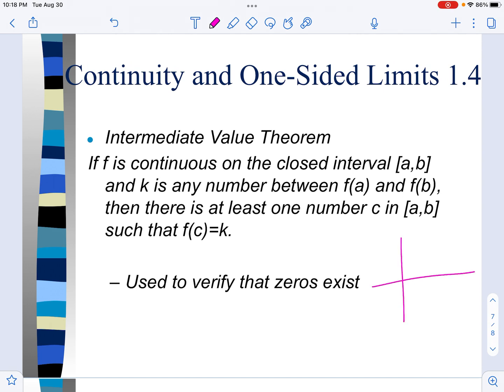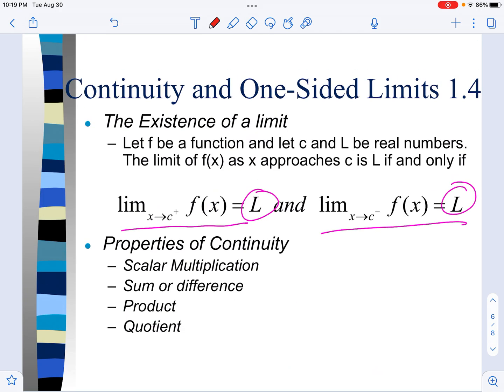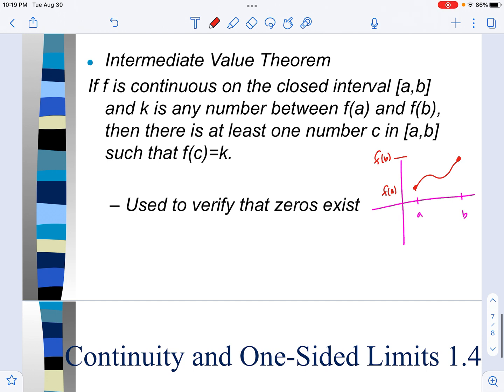So what it is saying is if we have an interval from a to b, so I'm going to say this is a and this is b. And we have, I'm going to say f of a is right here. And we're going to say f of b is up here. That means those are just the y values associated, and we have some function in between. So that's what this first part's saying. We have two endpoints, and we have our y values.